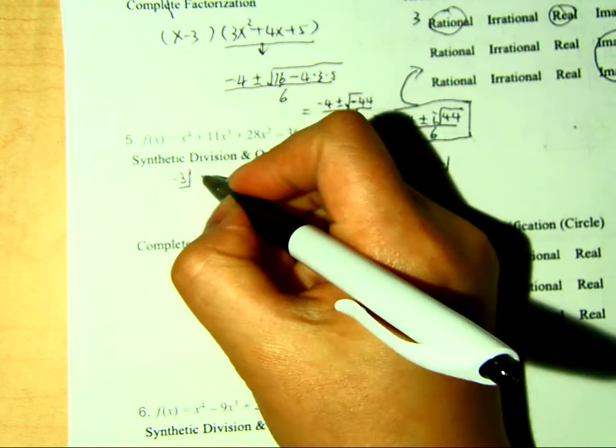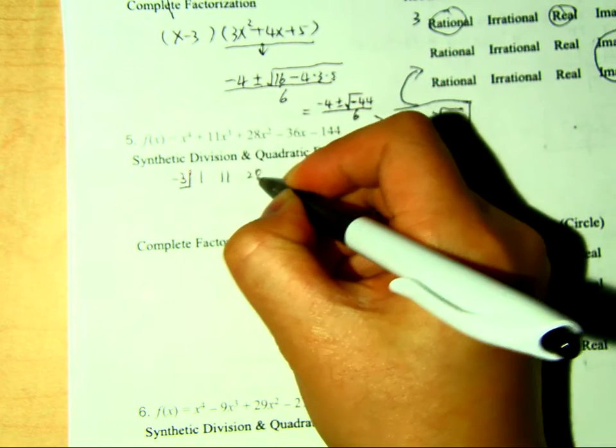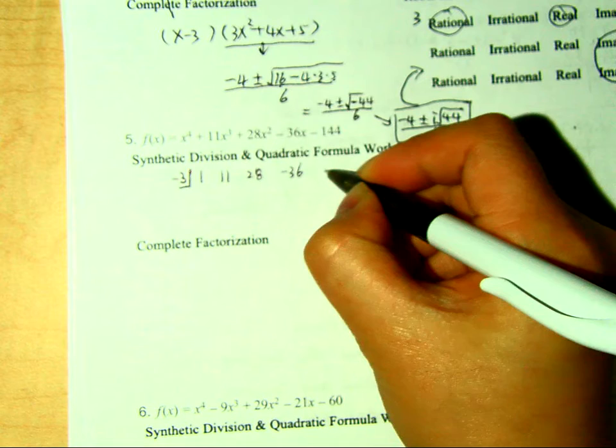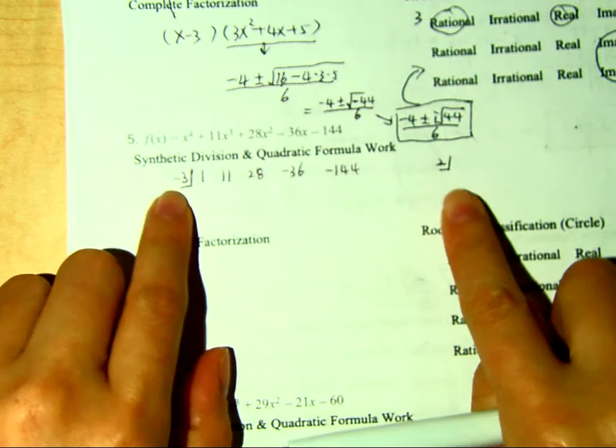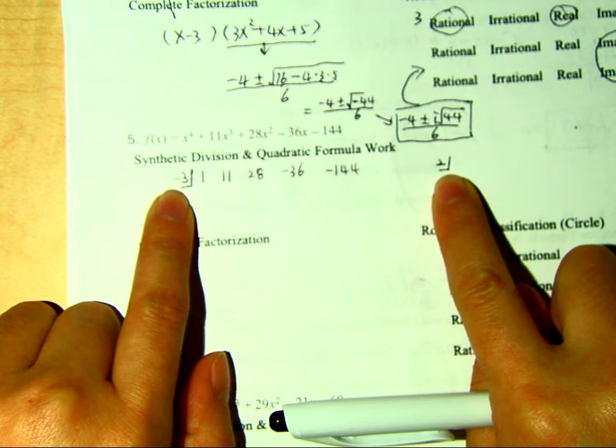For the first one, bring down the coefficients 1, 11, 28, negative 36, negative 144. The negative 3 and the 2, it doesn't matter which one you use first. The answer will be the same.